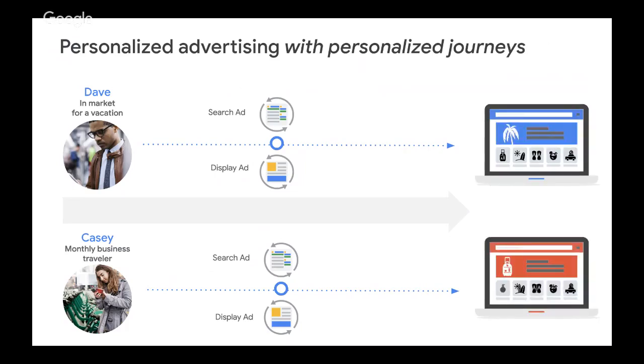But with Optimize, now we take away some of that burden, right? So you could now create variation as a marketer without relying on the dev team. You can create variations of your landing page and then tie those variations in Optimize to specific ad campaigns, right? So now you can create these personalized journeys that go end to end, all the way from an ad to the landing page and deeper onto that site as well, which is really great for when you want to look at conversions and how people who have a coordinated experience add more value.